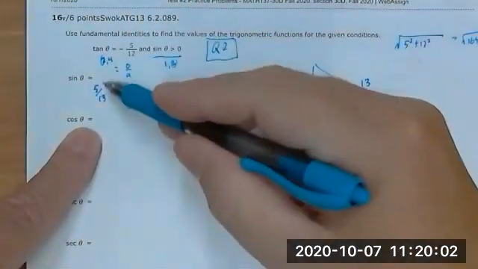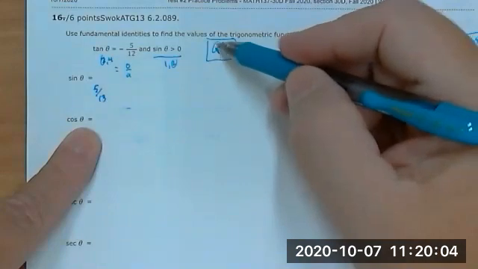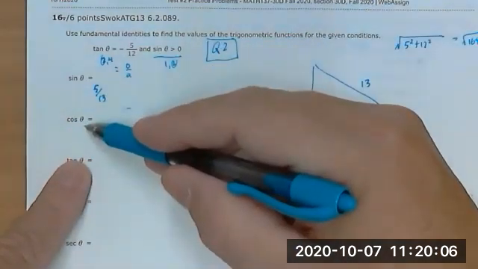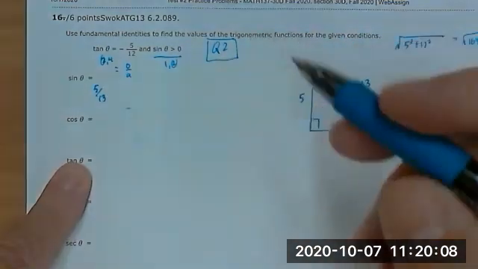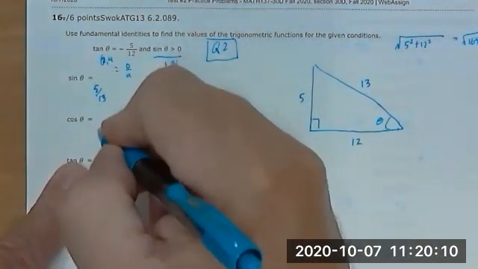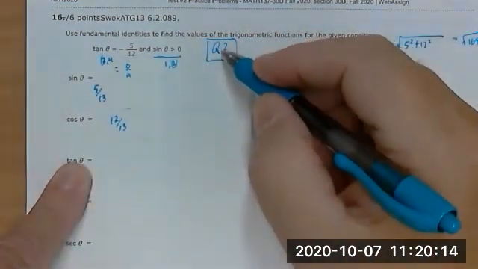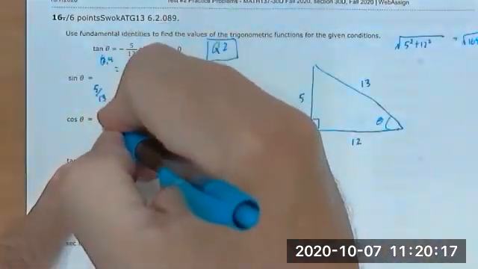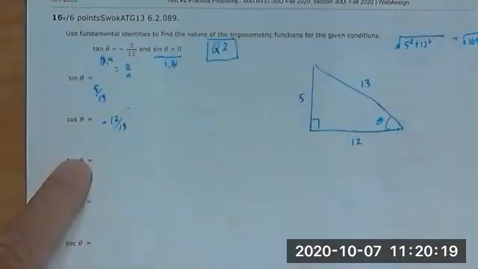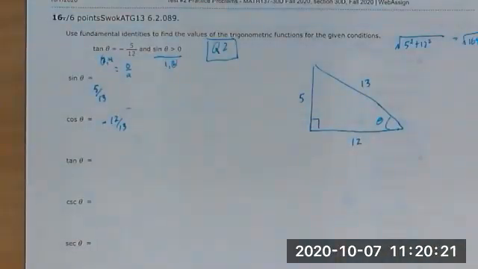In quadrant 2, what is the sine? The sine's positive in quadrant 2. So cosine of theta, adjacent, 12 over hypotenuse, 12 over 13. What is the cosine in quadrant 2? Cosine is actually negative. Remember, cosine tracks x. X is negative in quadrant 2.